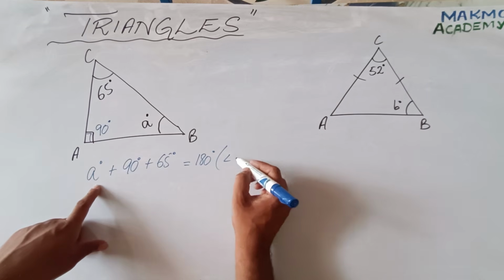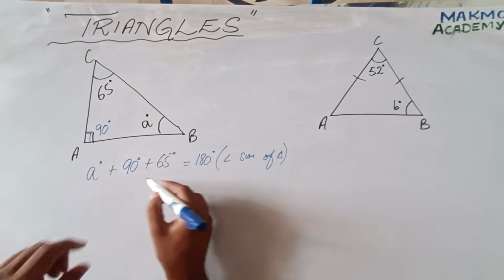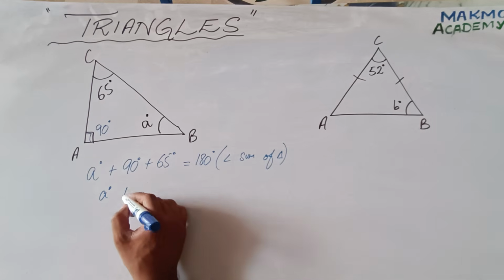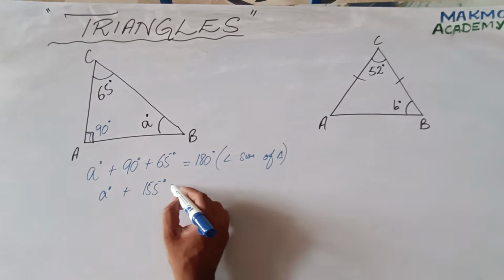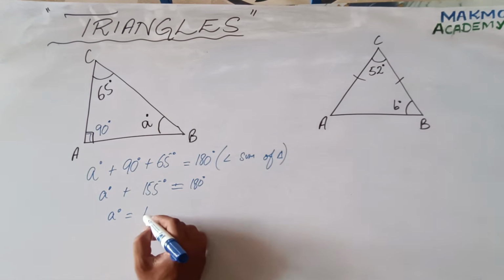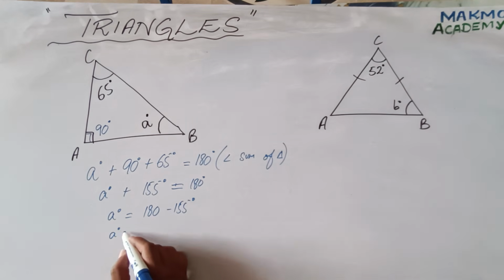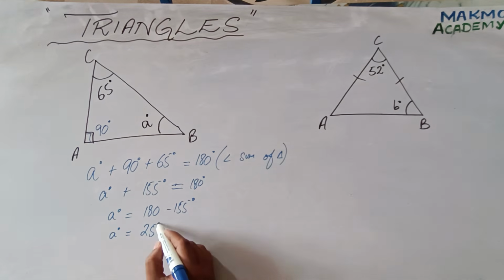Again the reason remains the same: angle sum of triangle. Now we add both of these, which gives us A plus 155 is equal to 180. In the next step, this 155 goes to the other side and gets subtracted, which gives us 25.